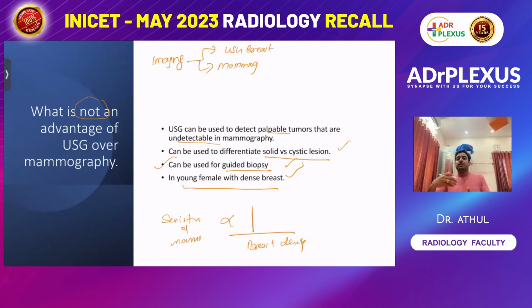When the female gets old, the dense glandular tissue gets replaced by fat, so in older people the mammogram has better sensitivity. But in a young population, because of the dense breast, imaging with mammogram will be suboptimal. We will not be able to find lesions in the breast when the fibroglandular parenchyma is very dense. So that is the concept. All these points are correct.